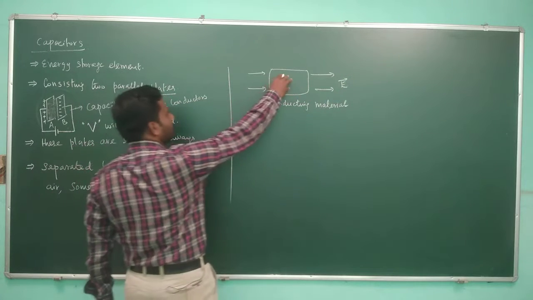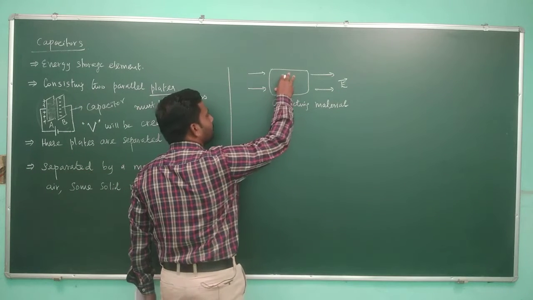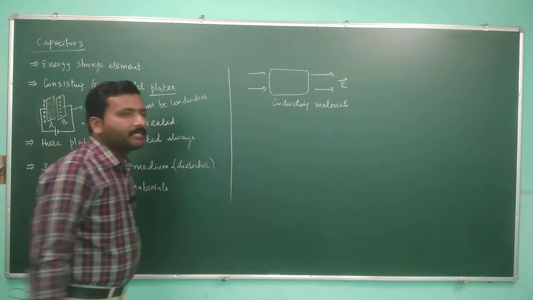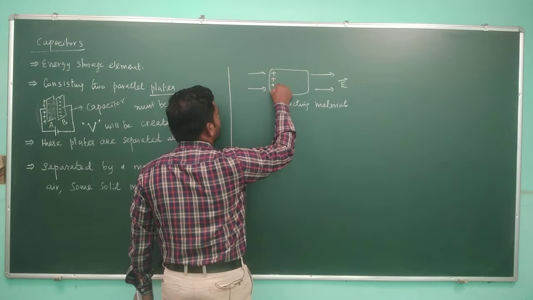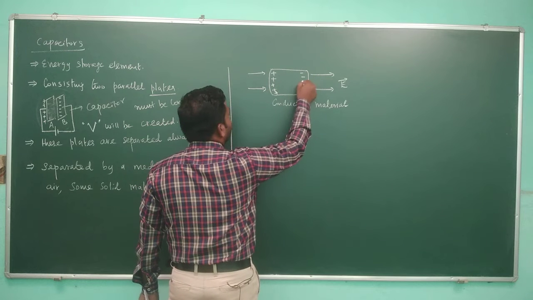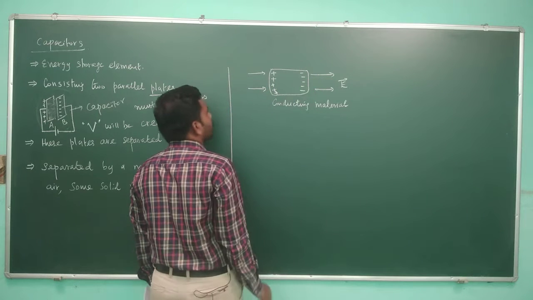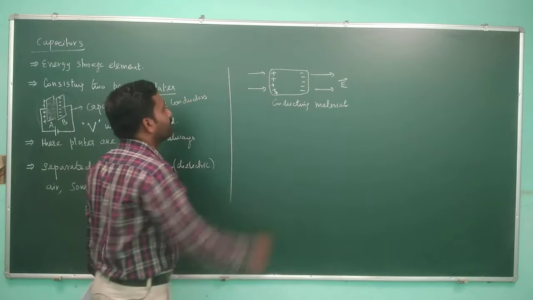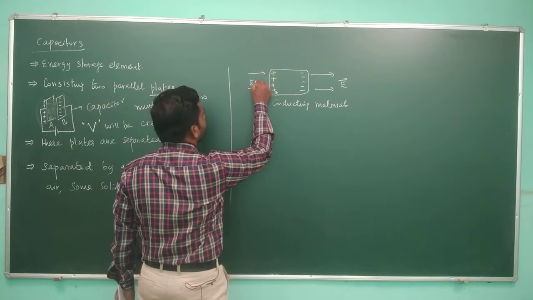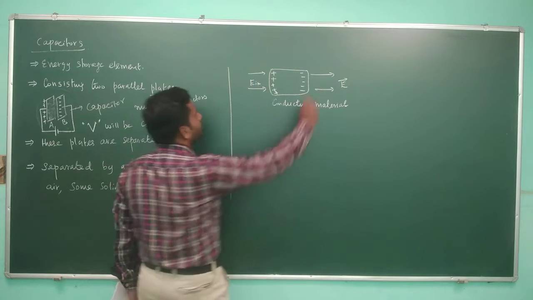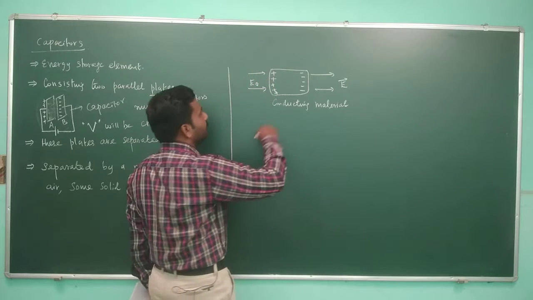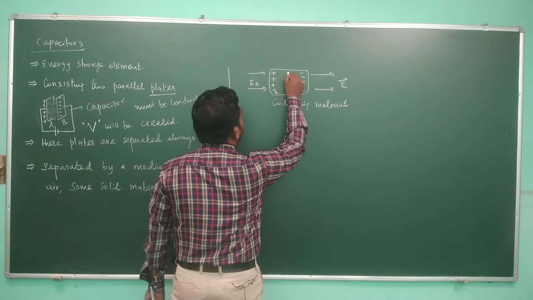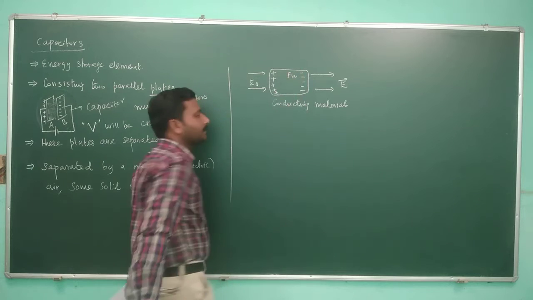The free charges within this conducting material will align in such a way that positive charges are on one side and negative charges on the other side. Say this is the external field and this is the internal field.